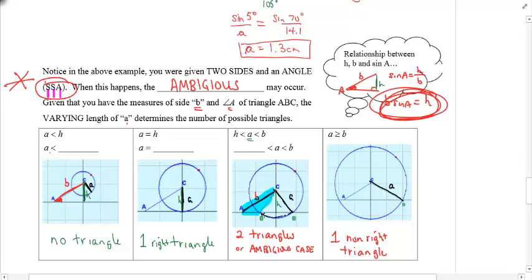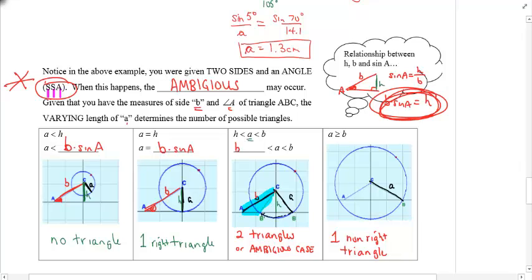So back over here on the one on the left, if A is less than B times sine A, then you have no triangle. If A is equal to B times sine A, so once again, you know the length B, you know the angle A, if you do B times sine A, and that equals the other known side, then you get one triangle.